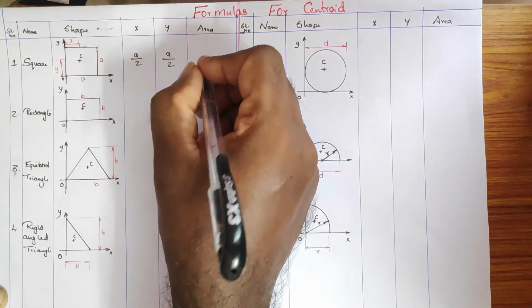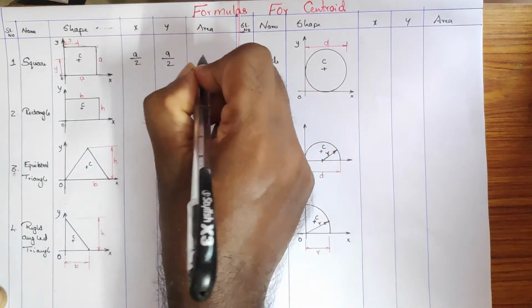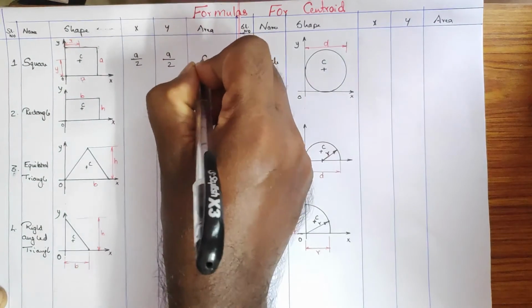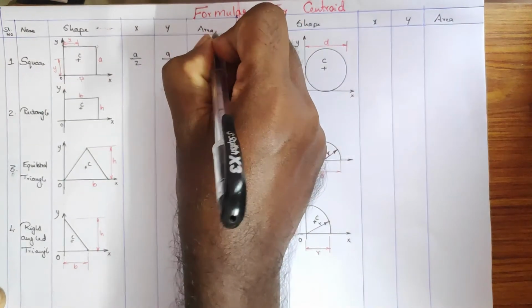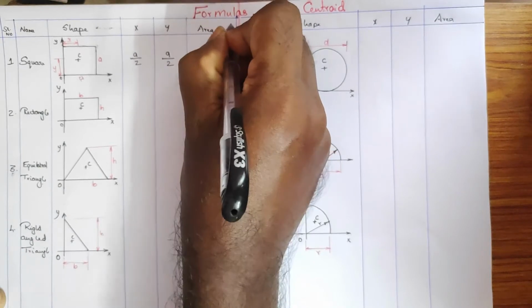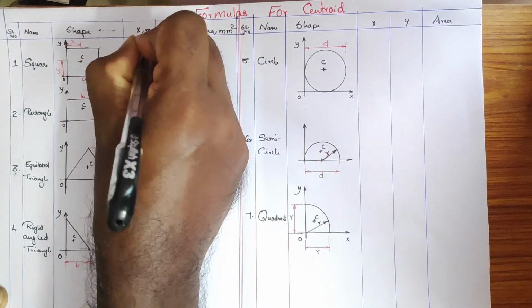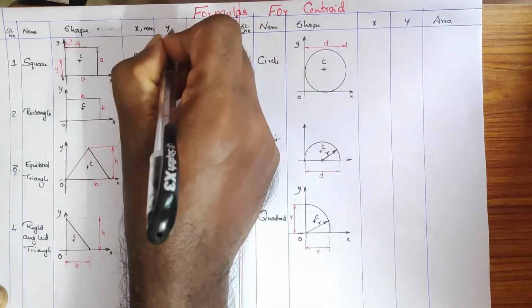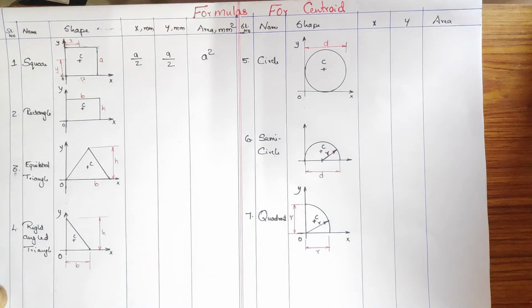Coming to the area, length into breadth. Both are a, so we get a square. A square is the area. The unit of this area is mm square, and the x unit is millimeter or meter.